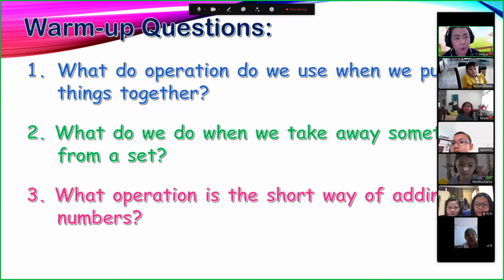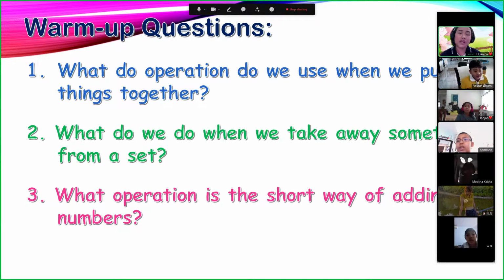Times, yes. Multiplication. You can just say 2 times 10, 2 times 5, or 7 times 8, instead of saying 7 plus 7 plus 7. That is the short way of adding numbers. Multiplication. Alright?